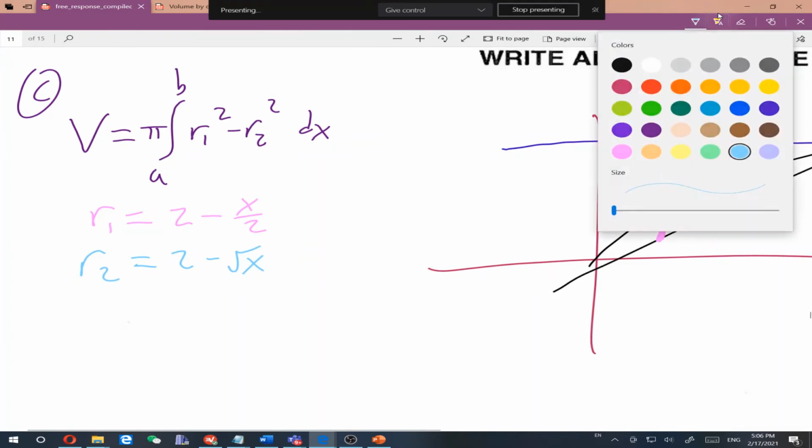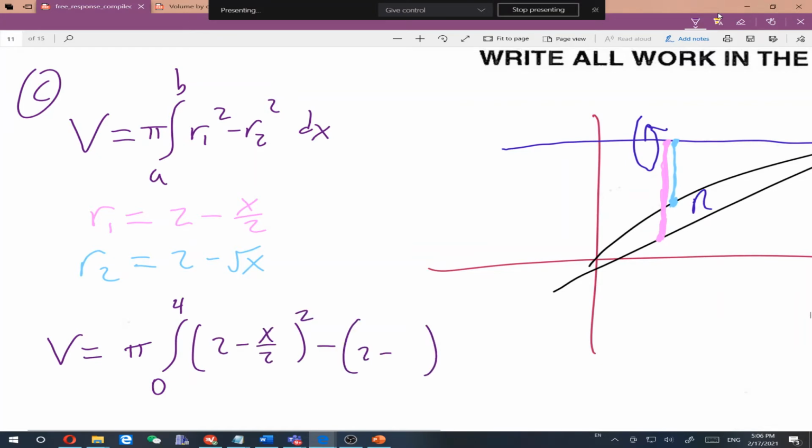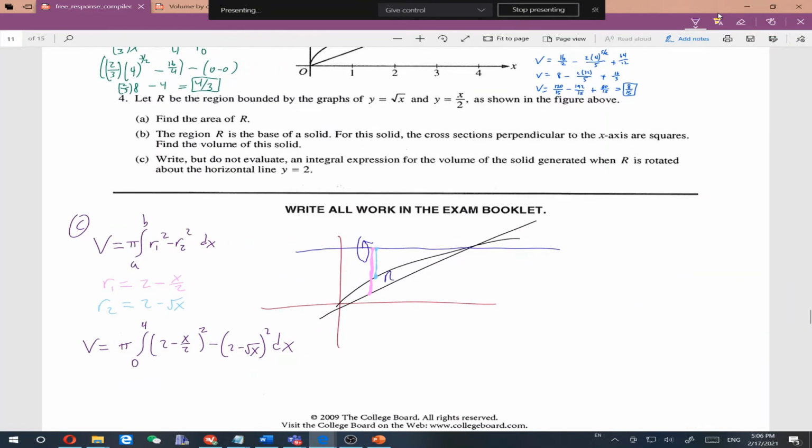So the final answer for this one would look like this. V is equal to pi times the integral from 0 to 4 of R1, 2 minus x over 2, squared, minus R2, 2 minus root x, squared, dx. It said write but do not evaluate, so I believe we can stop there.